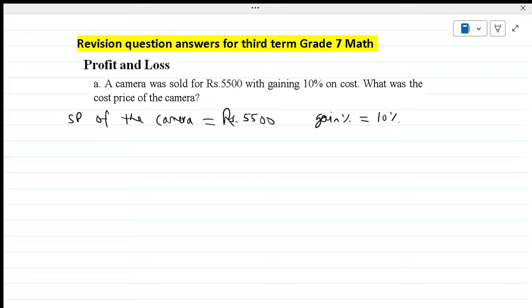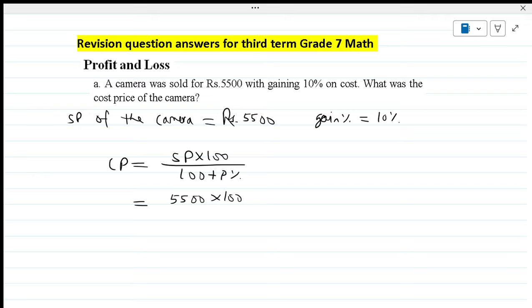So CP, the cost price of the camera, is asked, and we can find the CP by using this formula: CP equals SP into 100 divided by 100 plus profit percentage. So the selling price given is 5,500 rupees into 100 divided by 100 plus profit percent.